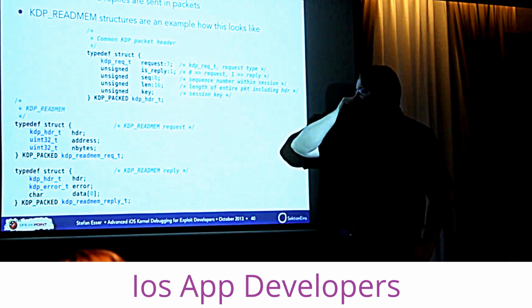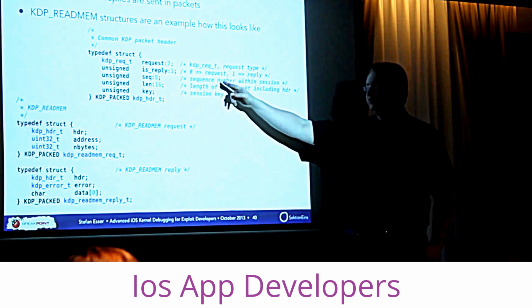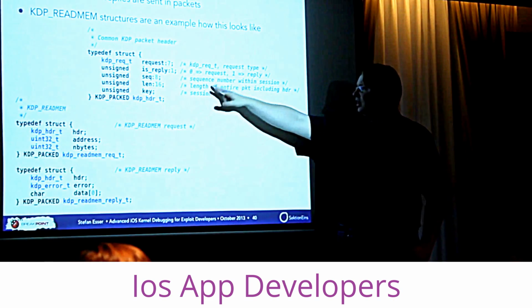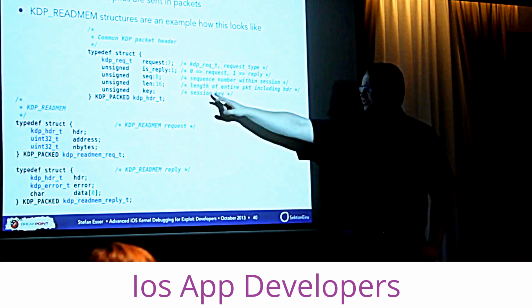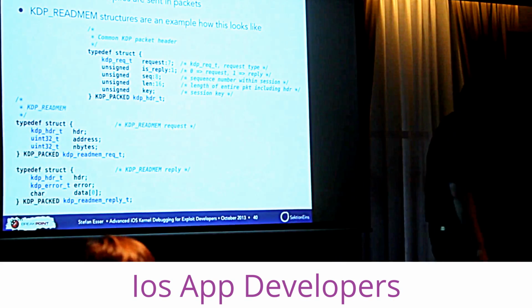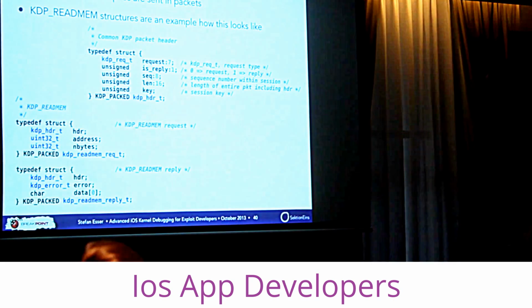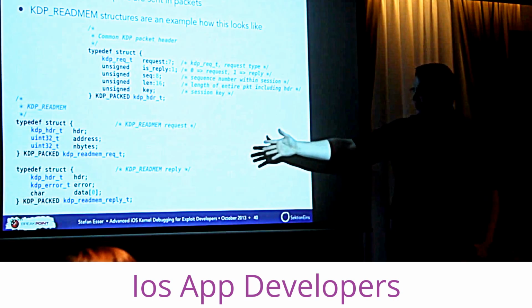It has a very super secure 8-bit sequence number, but you don't really care because it's over serial. You have the length of the entire packet, including the header, and you have a session key. I have no idea what the session key is for, because I never needed it for anything.